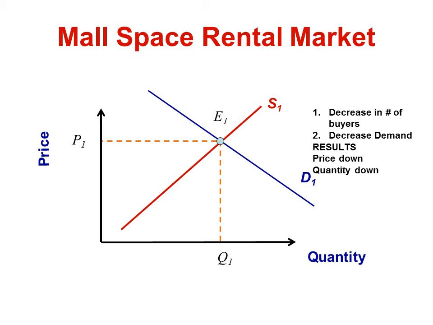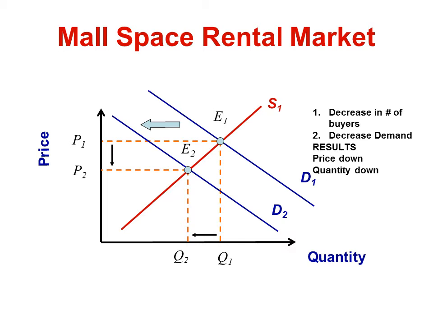This decrease in the number of buyers, the non-price determinant of demand, will shift the demand curve to the left. A decrease in demand will ultimately impact equilibrium, and the result, a lower equilibrium quantity of square footage purchased at a lower price.